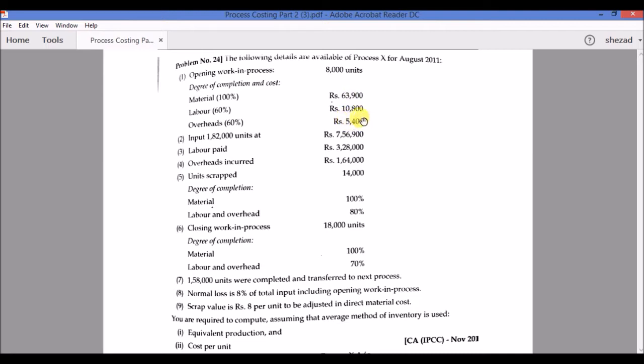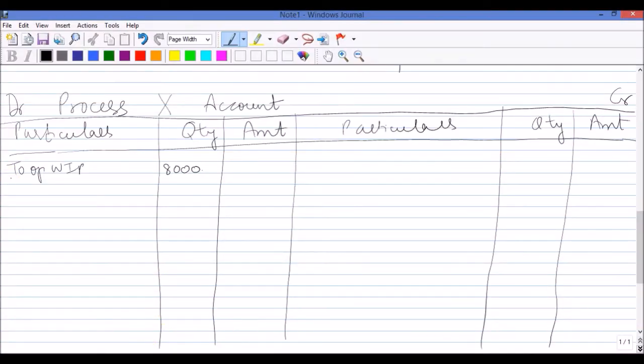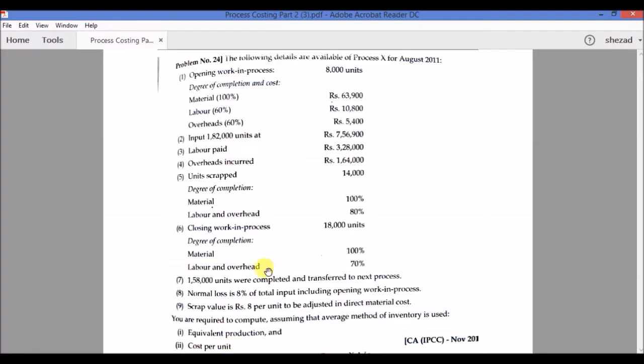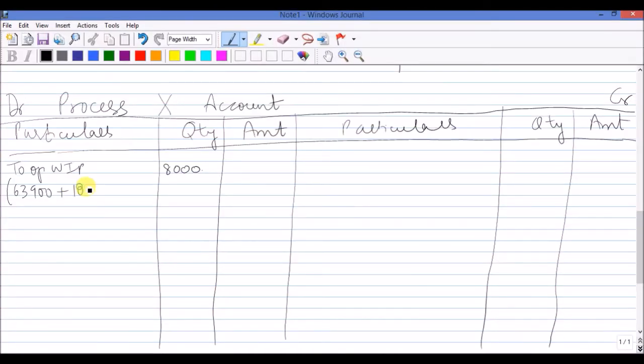Remember friends, whenever the weighted average method is asked, they are going to give you the breakup of all these three including the price. I will explain it better once we are in that part. So it is 63,900 of materials, then 10,800 and 5,400. All three I'm adding together.